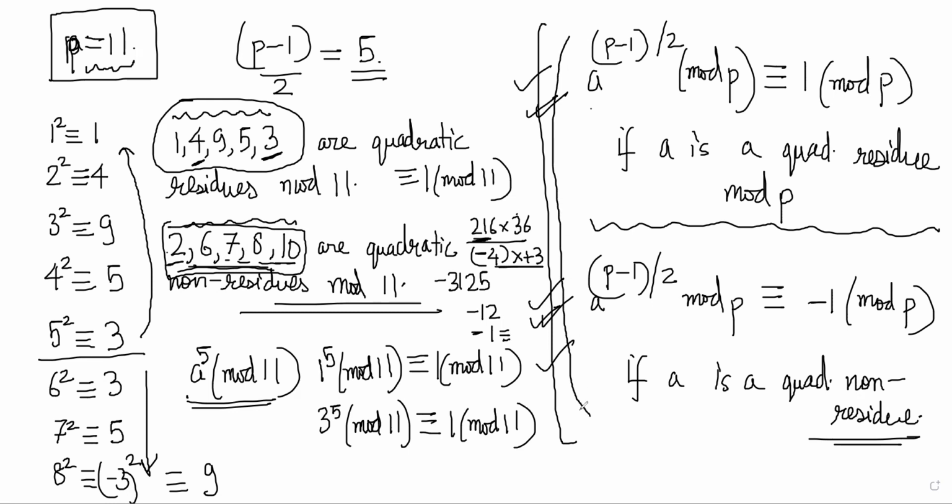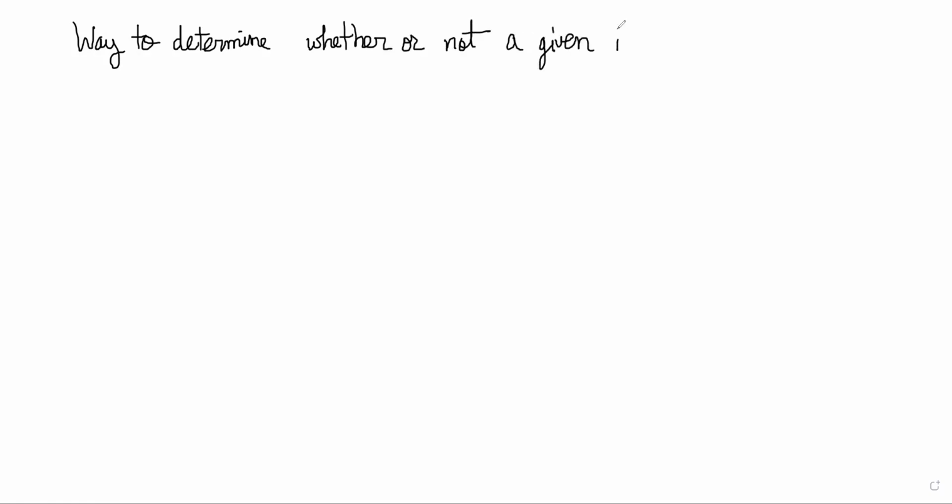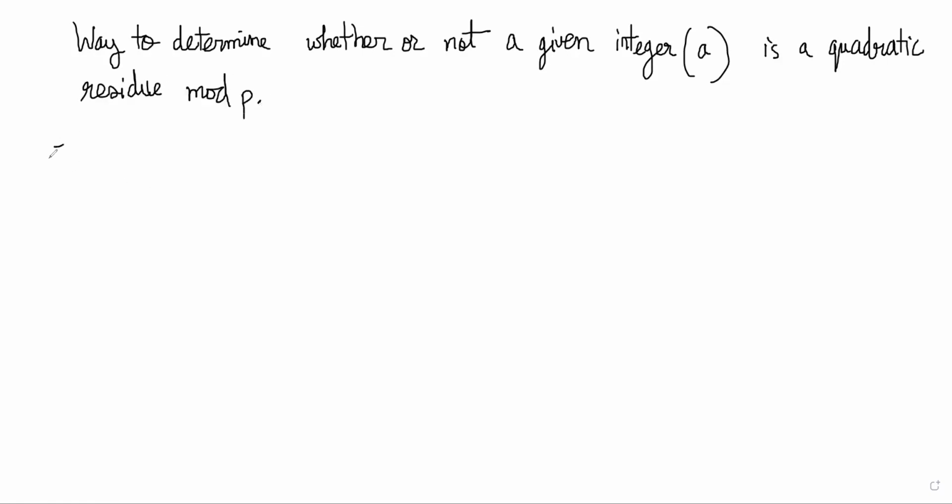So basically what we have figured out is a way to determine whether or not a given integer, let's say a, is a quadratic residue mod p. And this is known as Euler's criterion.